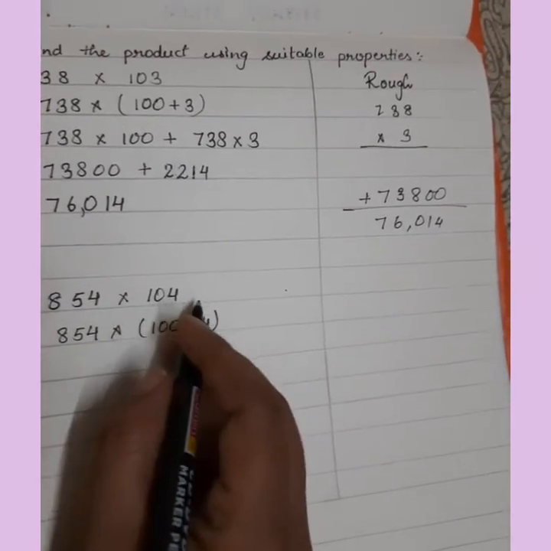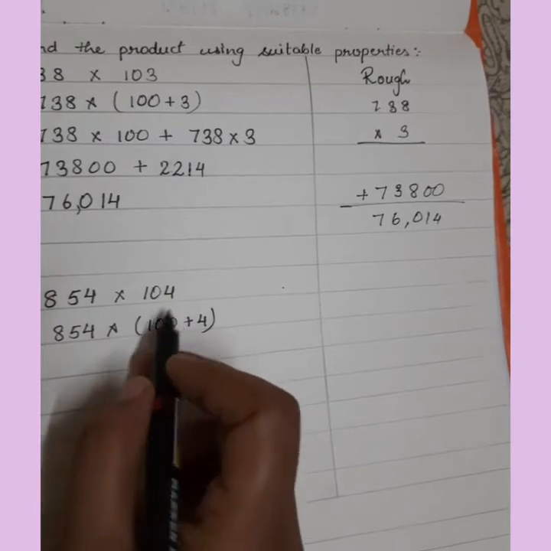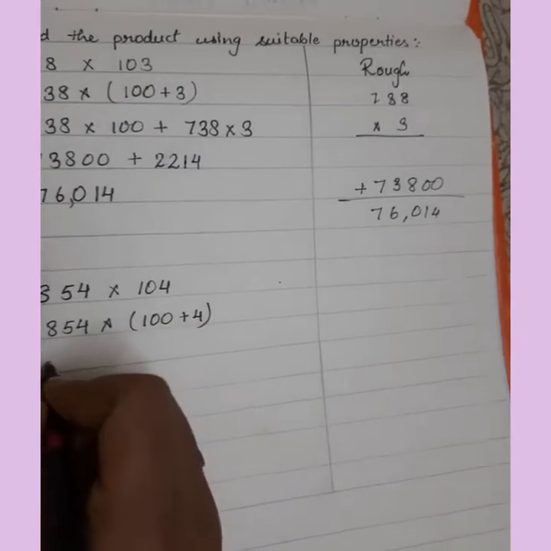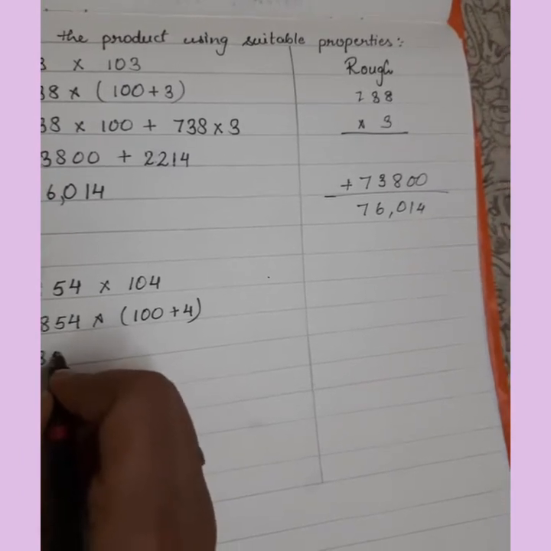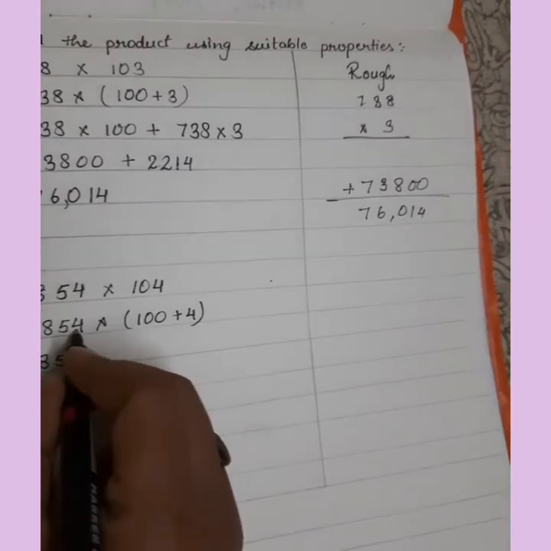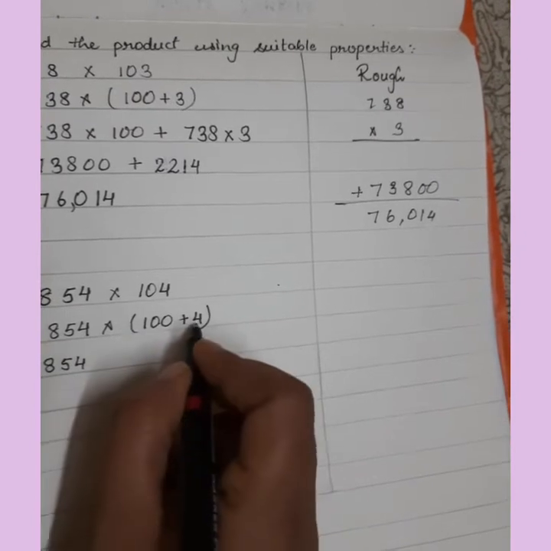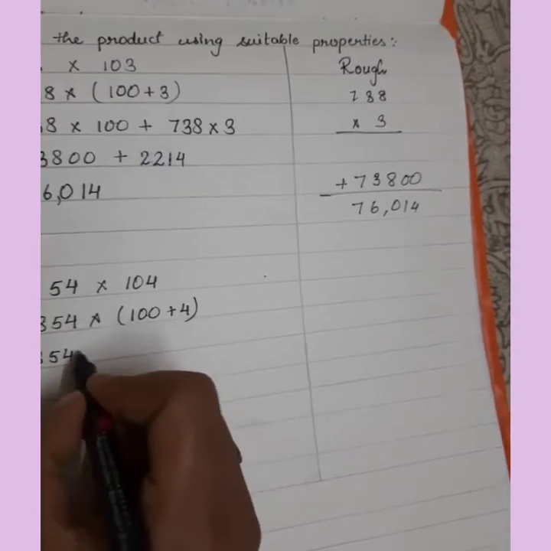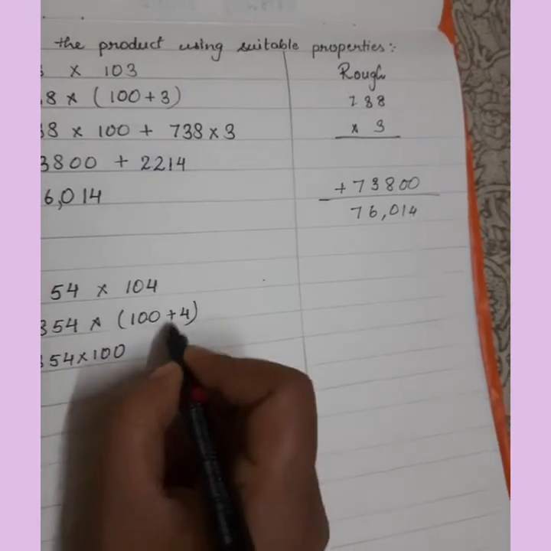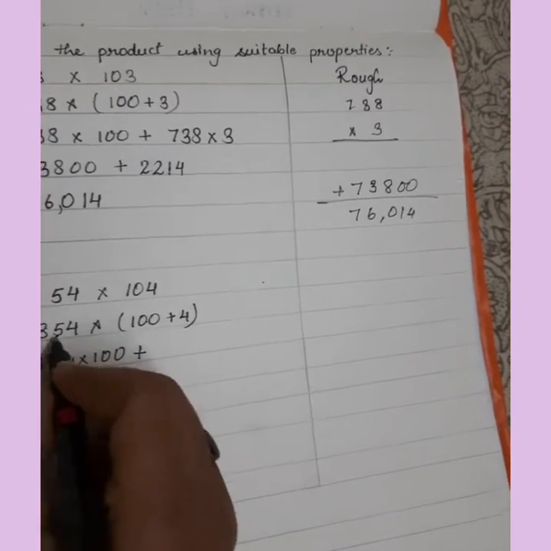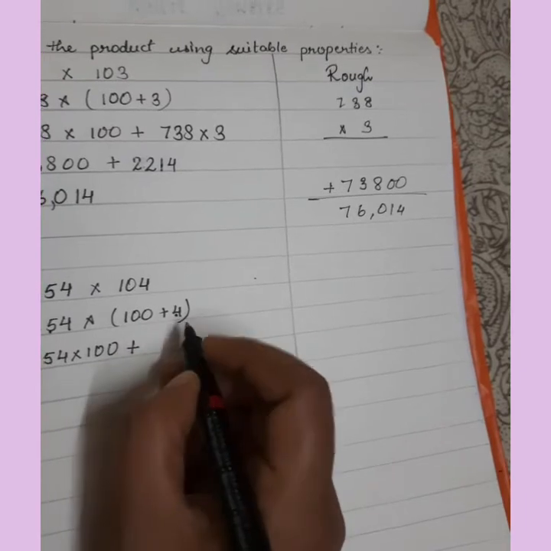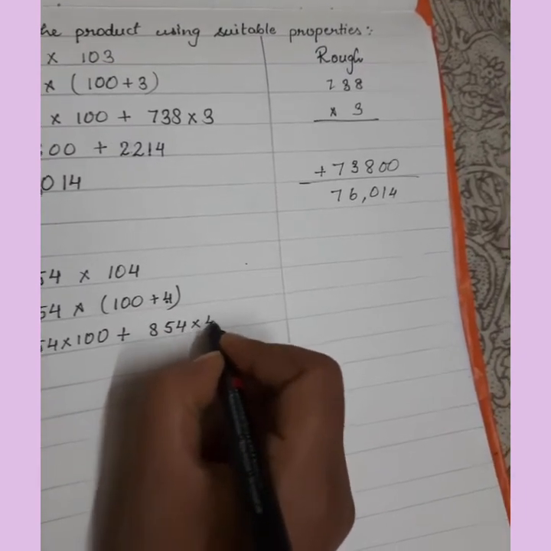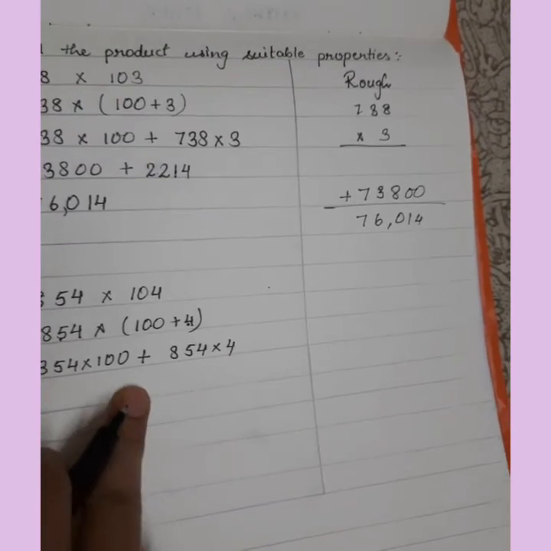Now let's do one more sum so you will get more idea about this. 854 multiplied with 104. 104 can also be written as 100 plus 4. So 854 I will write separately, and then this will be multiplied with both the numbers inside the bracket. So 854 multiplied with 100, then plus sign will come, then again this number will be multiplied with 4. So 854 multiplied with 4. What property am I using here?